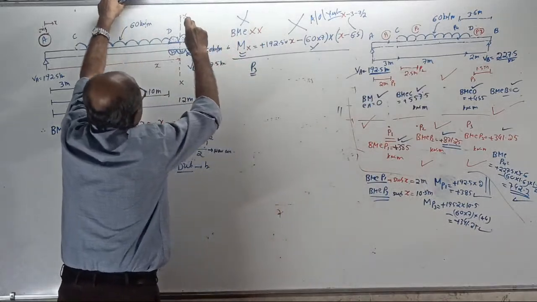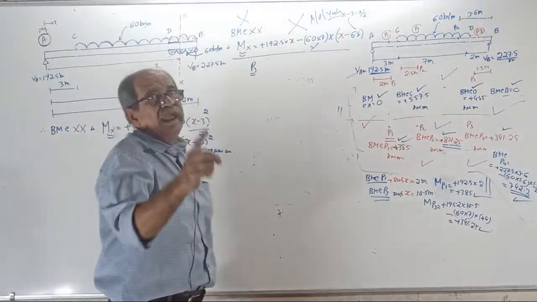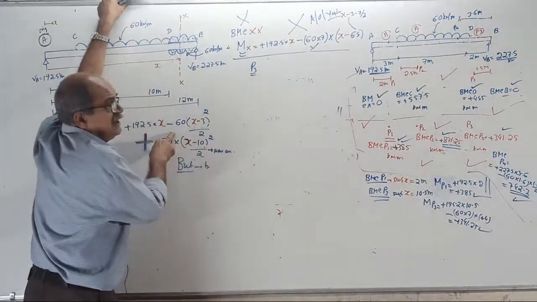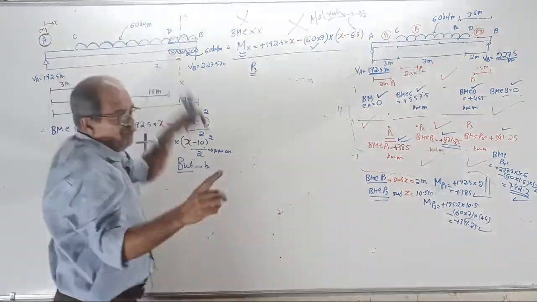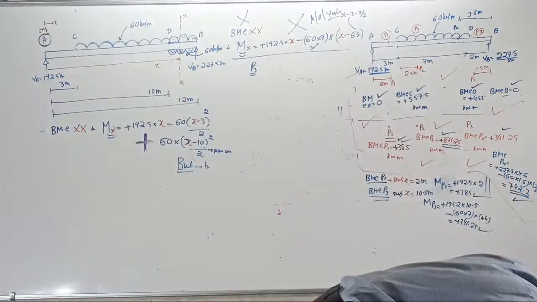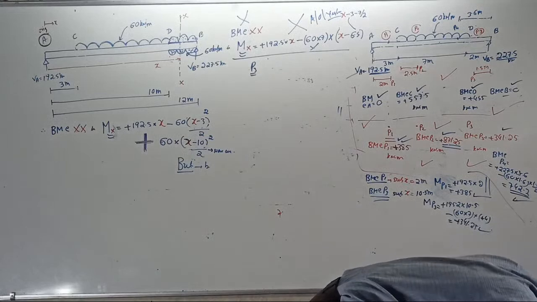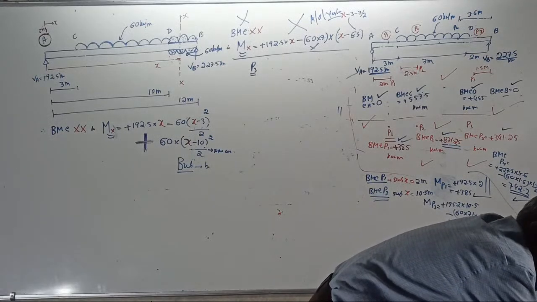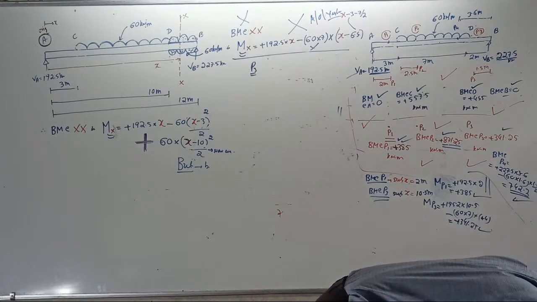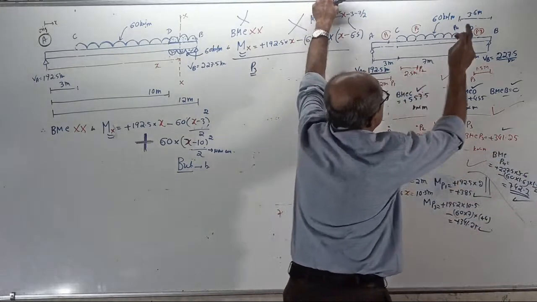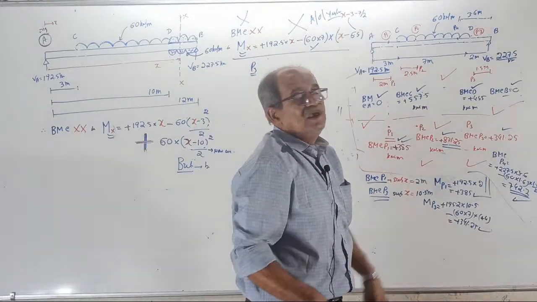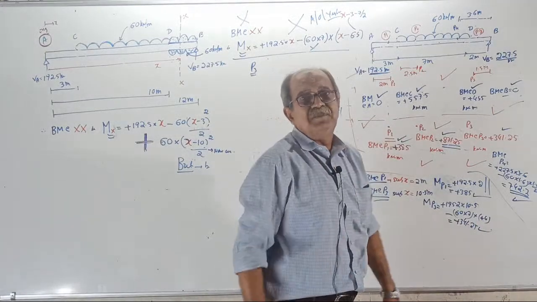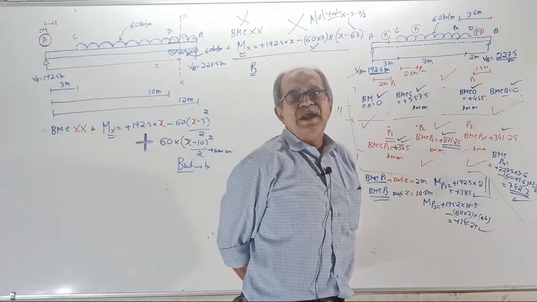If that point lies in the UDL, what is the BM variation? See, if I use this equation, it is in the UDL. Why? Extended UDL is there. Parabolic. But originally at P3, UDL is not there. So actually, what should the D to B variation be?